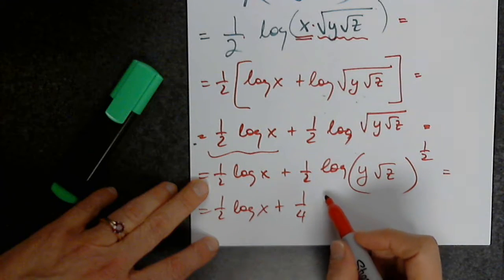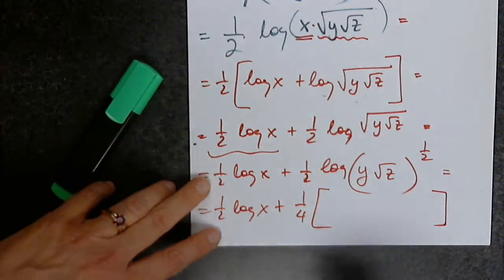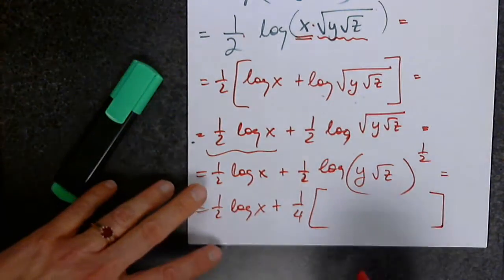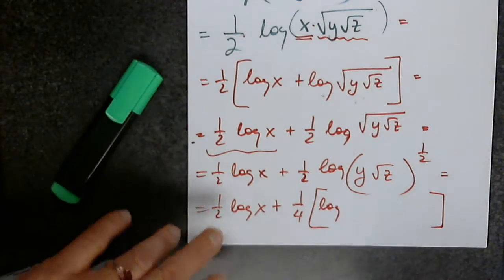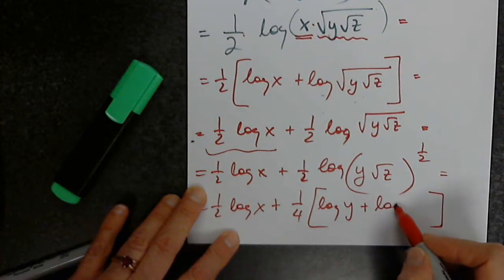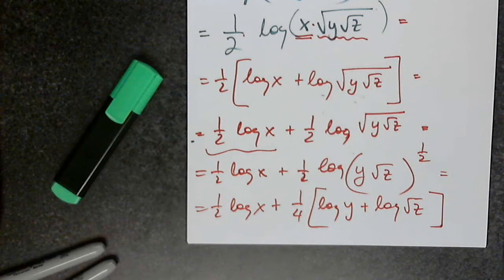And now, inside, what will that be? Log, it's a product, right? It's a product plus, very good. I will distribute 1/4, and I only have one more step to go.